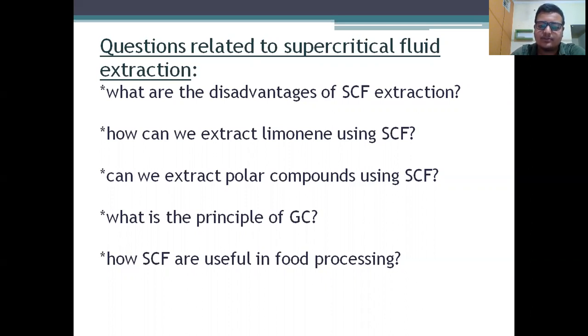So coming to the next question, what is the principle of gas chromatography? Is the principle of gas chromatography and supercritical fluid chromatography the same? No. The principle of gas chromatography is that gases are used as the mobile phase.